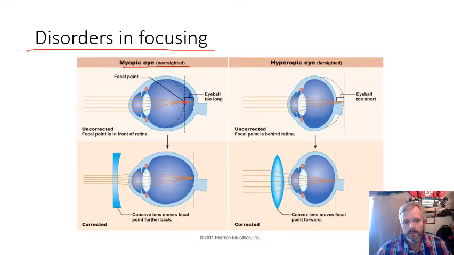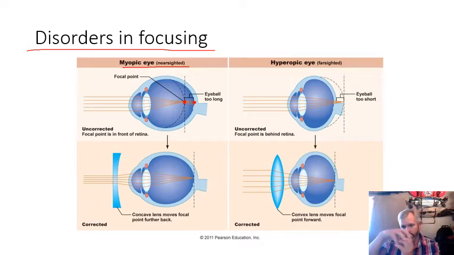We want this to be back here. We want it to be focused. The lens can only accommodate so much. If the eyeball is too long, even though the lens is getting stretched, I can only stretch it so far, so I can't get it focused in the right location.